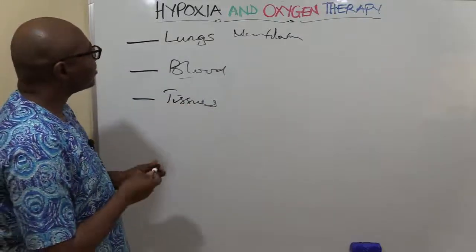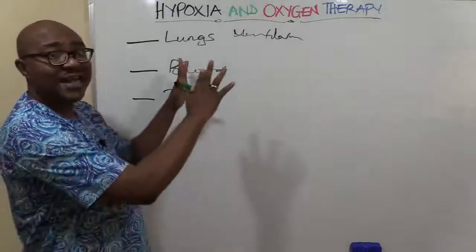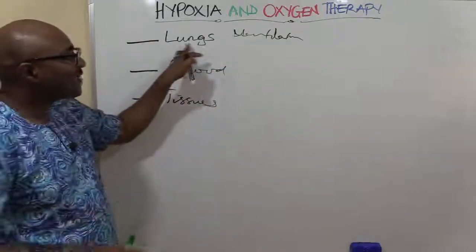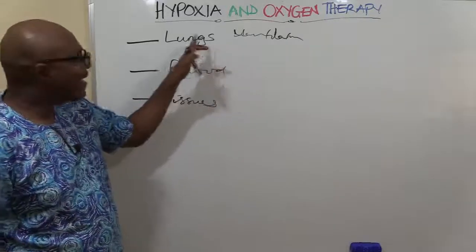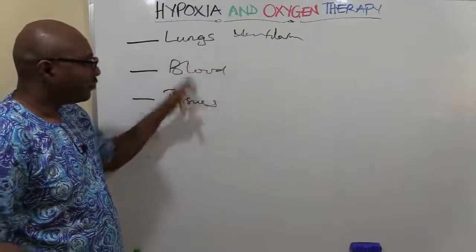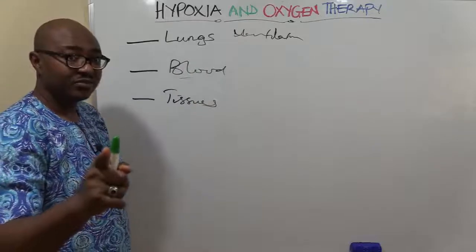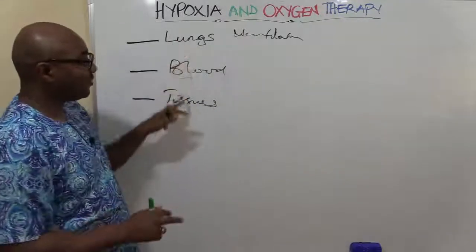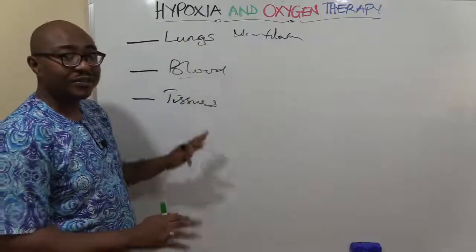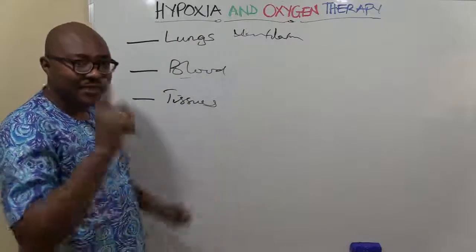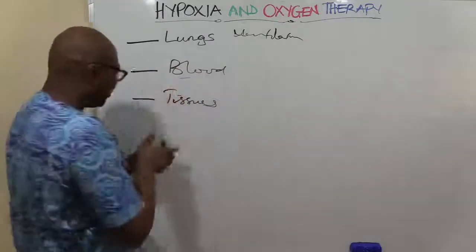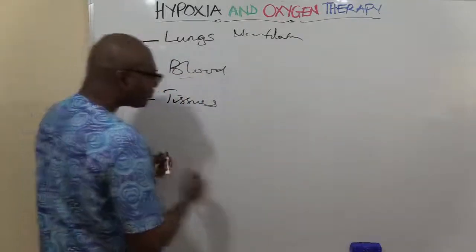So now you ask yourself, what are the different types of hypoxia based on this? If it affects any part of this place, hypoxia can result. If any of these 3 respiratory processes at these 3 points is affected, hypoxia can result from them. So it helps you to understand it. So let's go right into it.